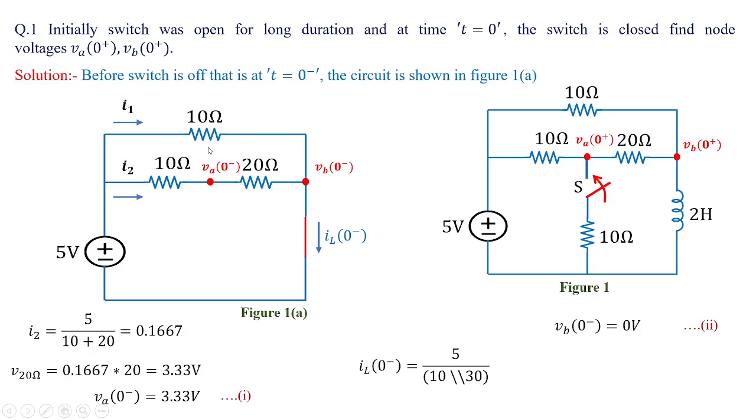The equivalent resistance of this parallel circuit is 10 parallel with 30. Now the value will be 5 divided by 10 into 30 by 10 plus 30, which is obtained to be 0.667 amperes. Now these are the conditions of currents and voltages before switching.